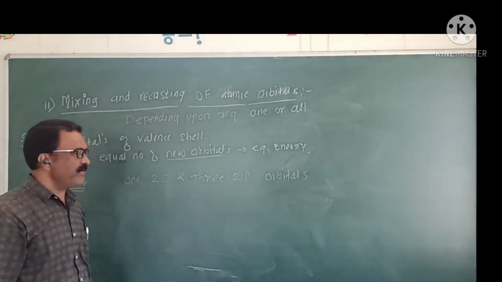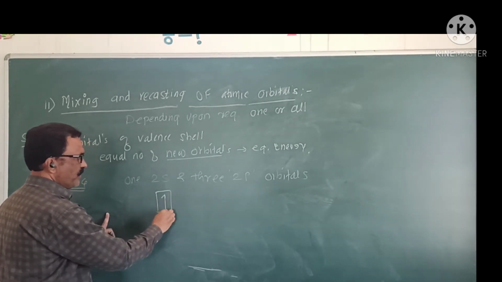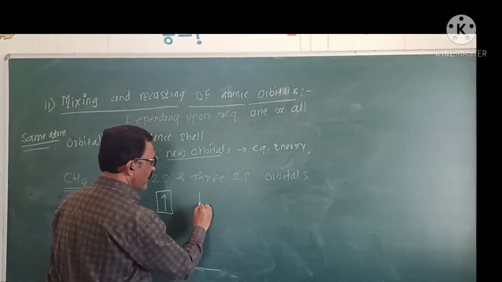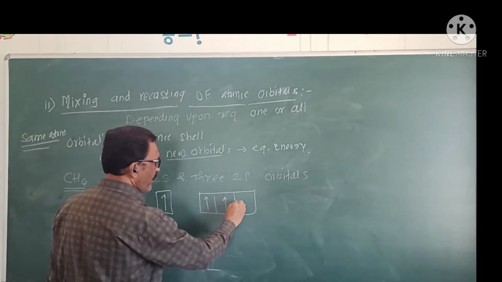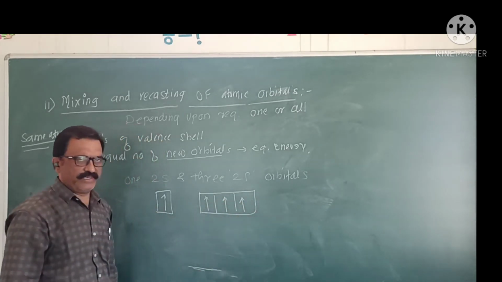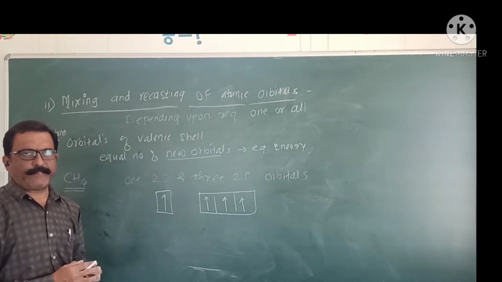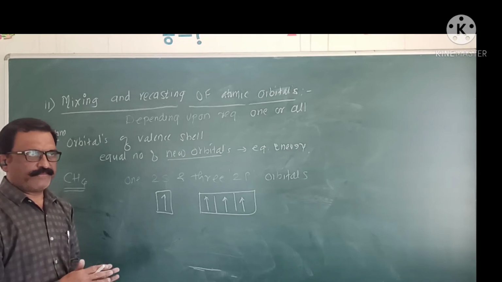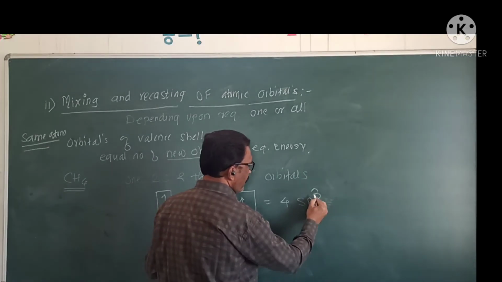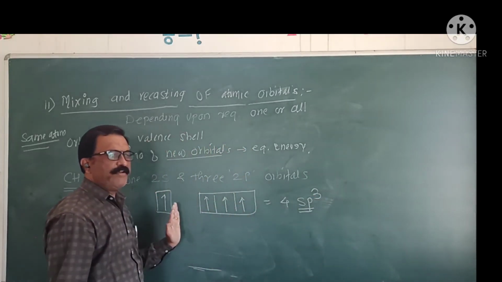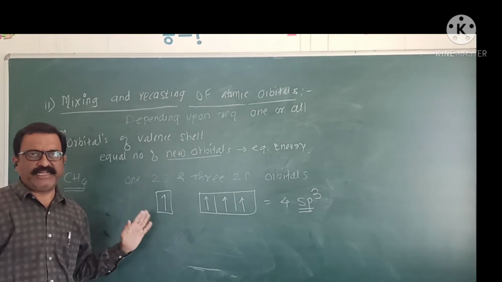During formation of methane, 2s, that is 2s1, and 2p, that is 2px1, 2py1 and 2pz1, atomic orbitals of the same carbon atom mix together and form 4 sp3 hybrid orbitals of equivalent energy.